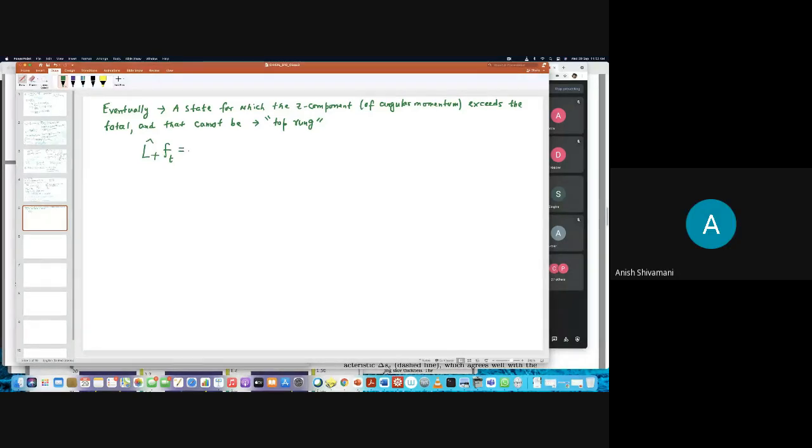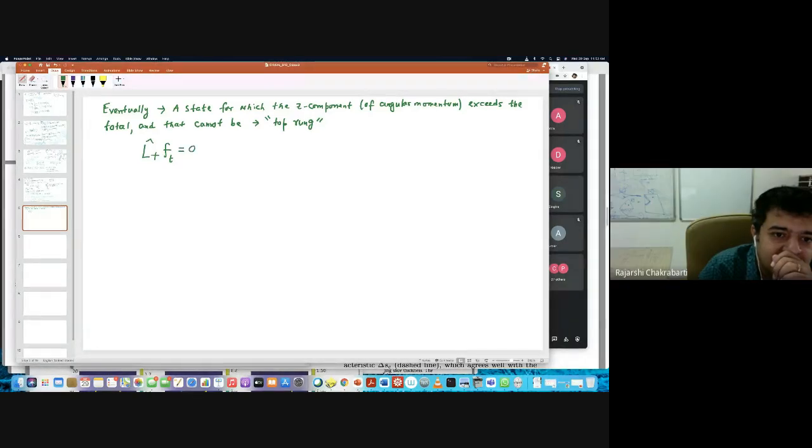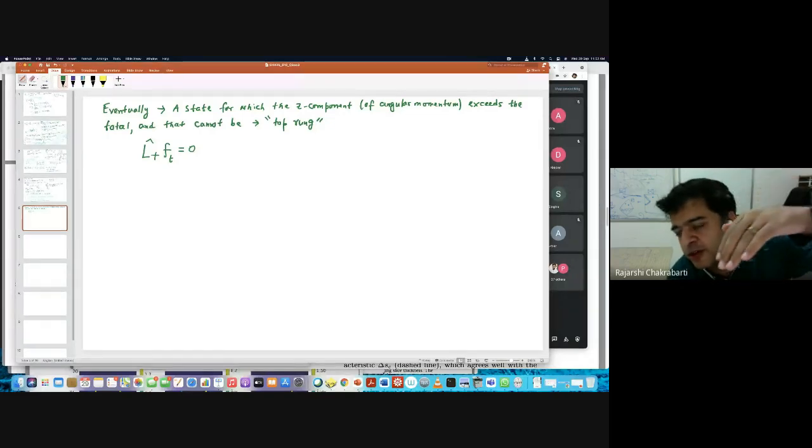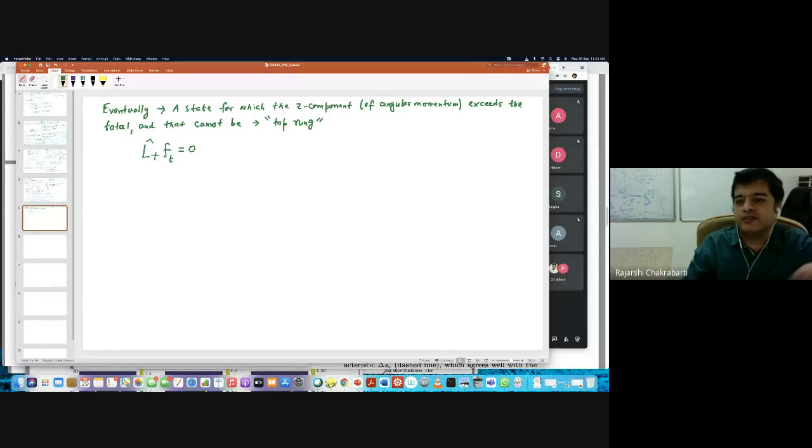Zero. This is exactly what is meant by this statement. You cannot go beyond that, because then your z component is going to be more than the total. That cannot be.